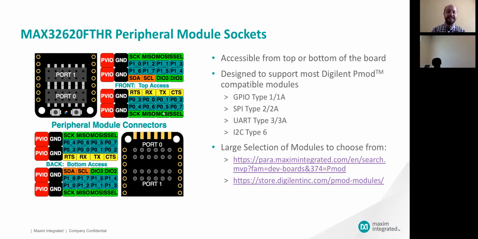Well, if you access the port 0 from the top side of the board, it matches the UART pinout. But if you access it from the bottom side of the board, it matches the SPI pinout type 2. So that's a clever little thing. We also have I2C signals available on that as well.